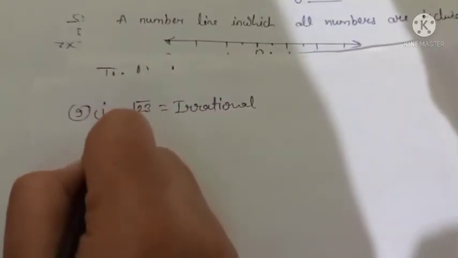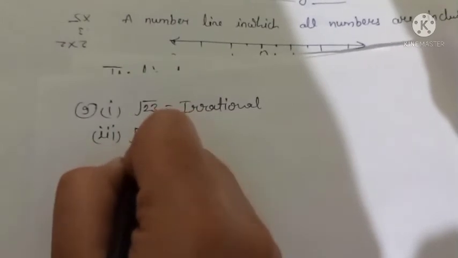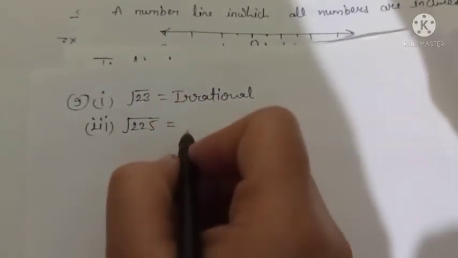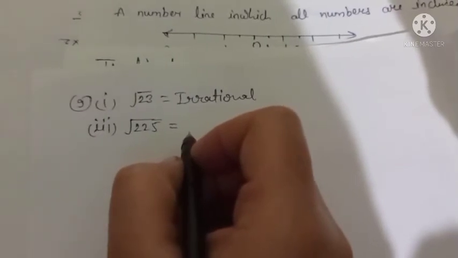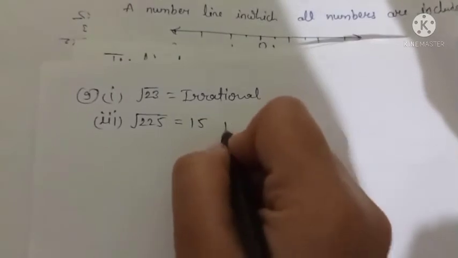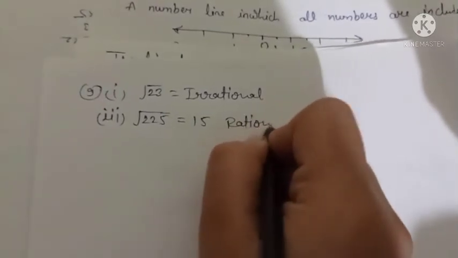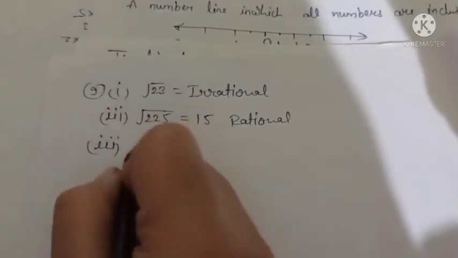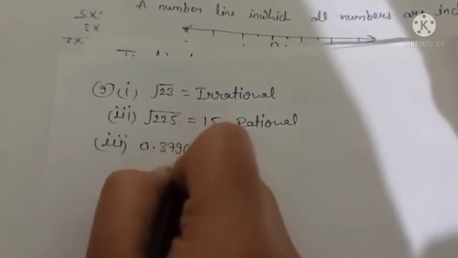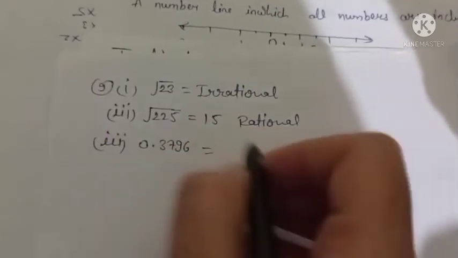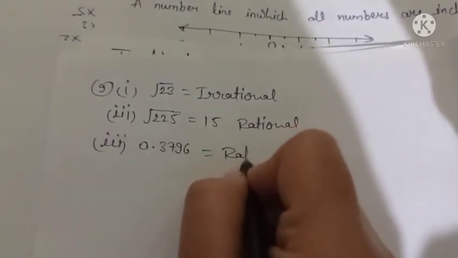Second is under root 225. 225 is the square of 15, so it becomes 15. This is a rational number. Third is 0.3796. This is a terminating decimal, so it is a rational number.